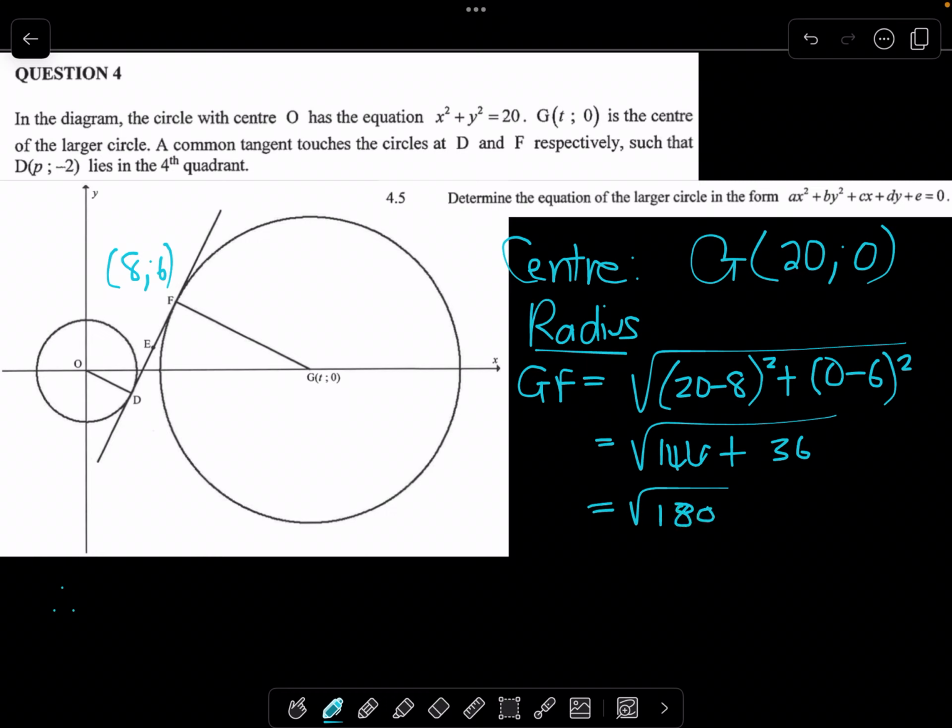Right, so therefore the equation of my circle will be x minus 20 squared plus y minus 0 squared is equal to this guy squared, which is just 180.